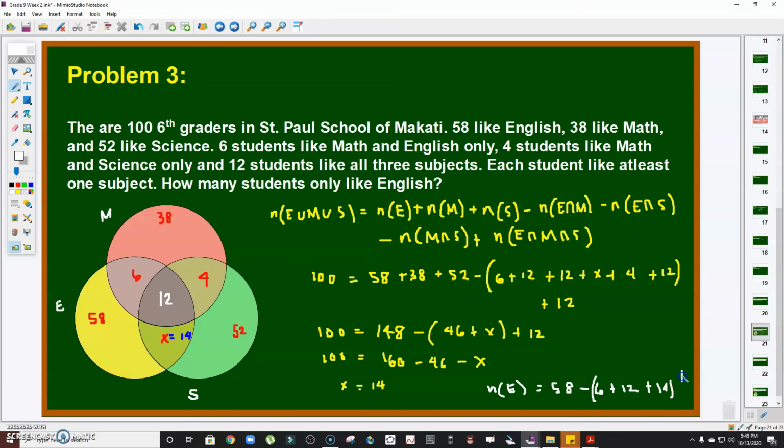And that will give us, ayusin lang natin, 58 minus 6 minus 12 minus 14, that will give us 26. There you go. So, therefore, how many students like English only? The answer is 26. See that?